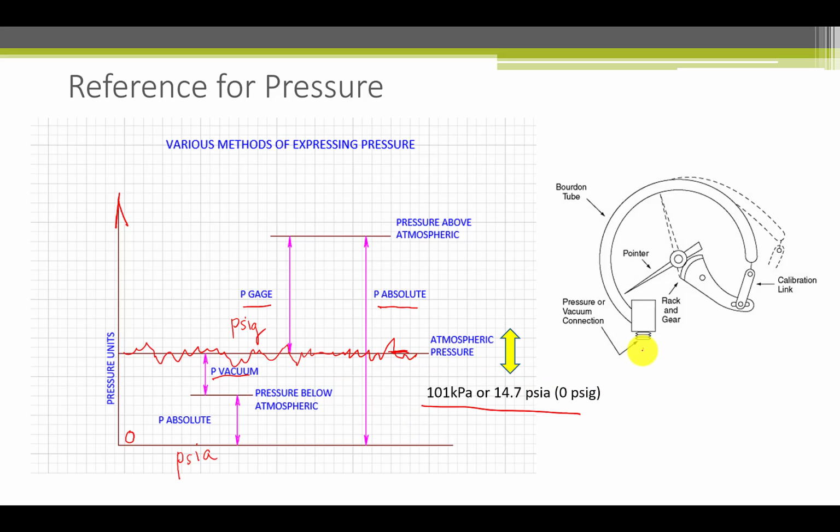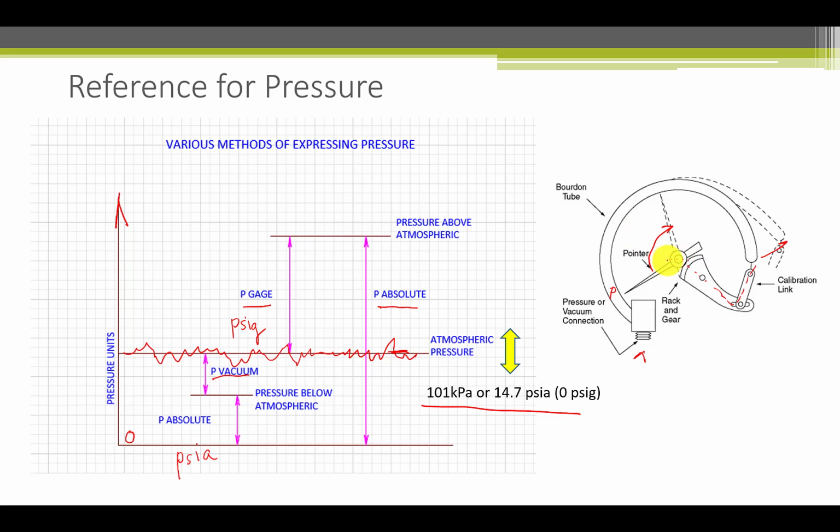So a simple gauge, most gauges, if you put pressure in here, this tube is filled with an internal pressure P. Because of the curvature and the difference in the radii of the inside and outside edge of the tube, a small amount of hoop tension develops in this outer leg of the tube, and it wants to straighten out. That's pretty intuitively understandable. Through this linkage and mechanisms and this gear, the pressure pointer moves like that.